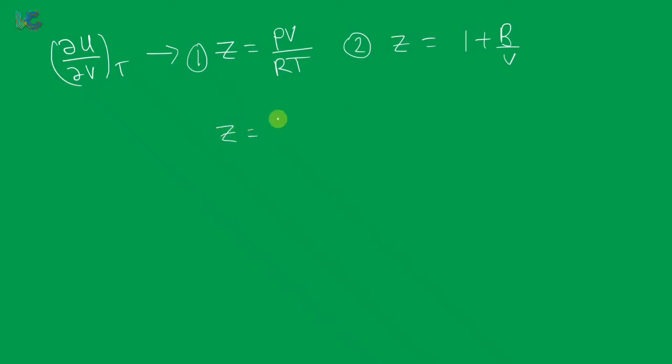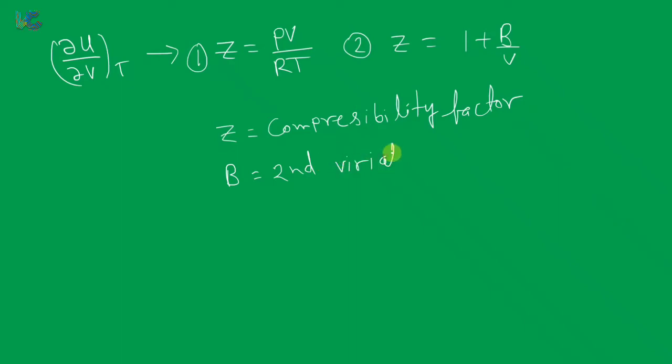Z is the compressibility factor, which you will read when we study the gaseous state. And B is the second virial coefficient, which we will also read when we study the gaseous state. Z, the compressibility factor, is a function of temperature, and B, the second virial coefficient, is also a function of temperature here.